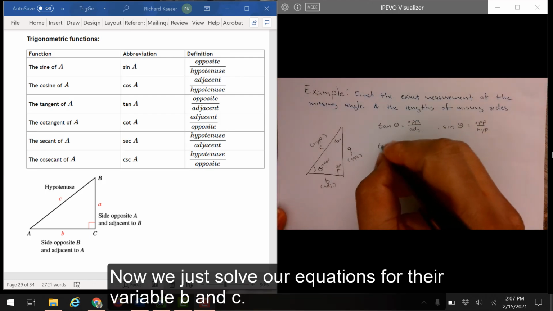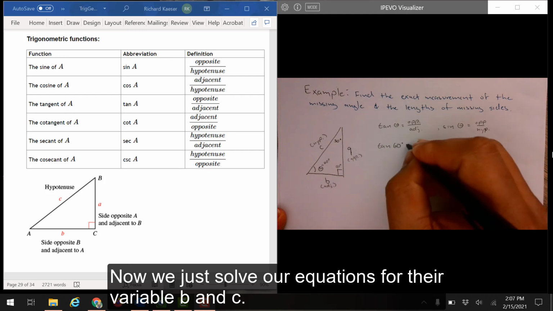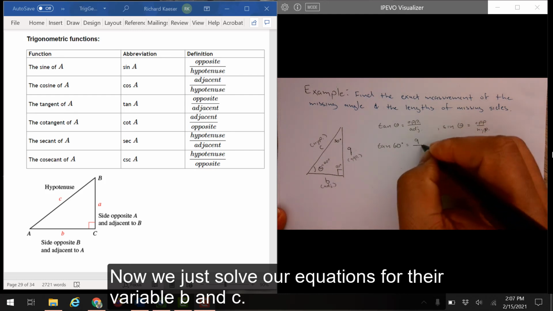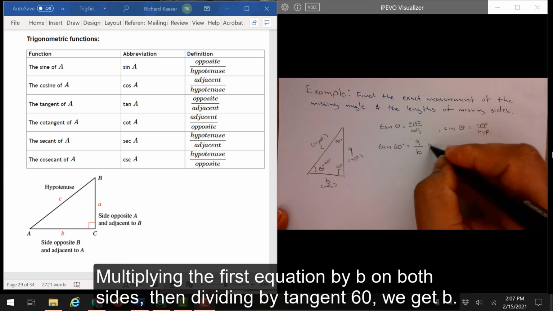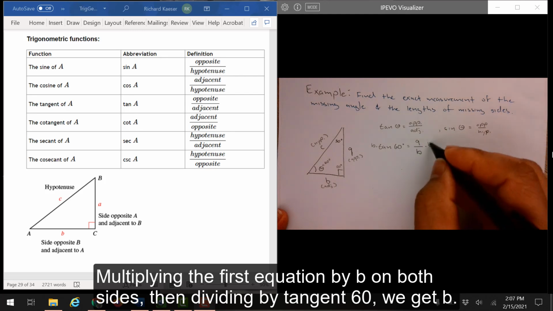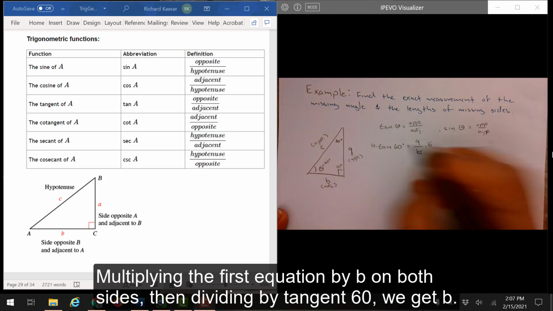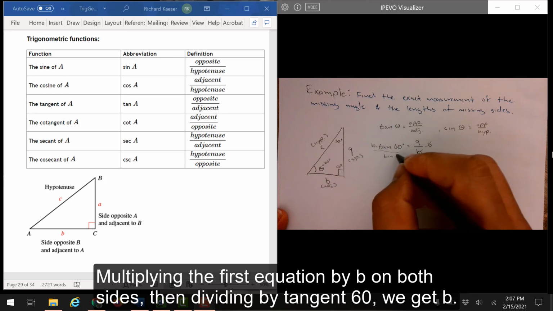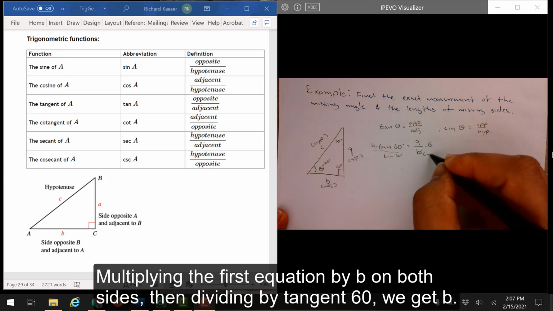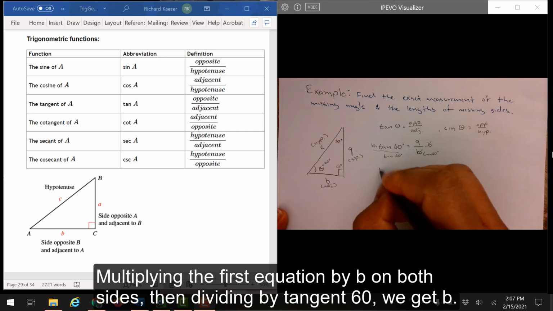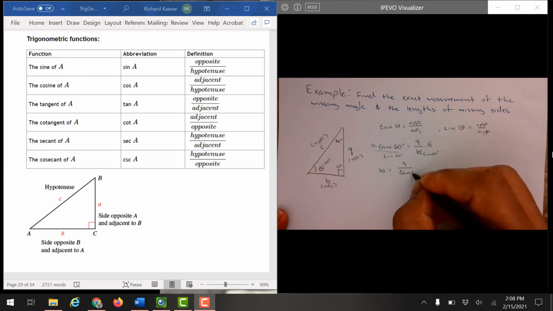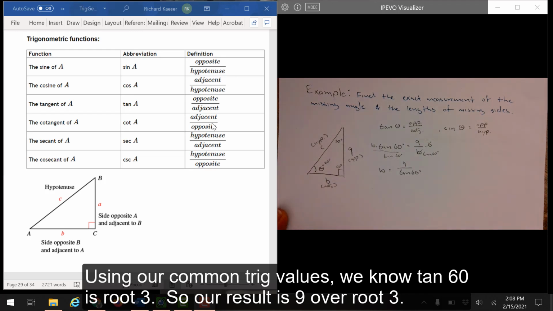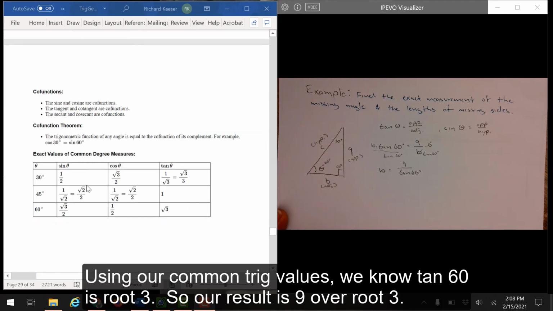Now we just solve our equations for their variable B and C. Multiplying the first equation by B on both sides, then dividing by tangent 60, we get B. Using our common trig values, we know tangent 60 is root 3.